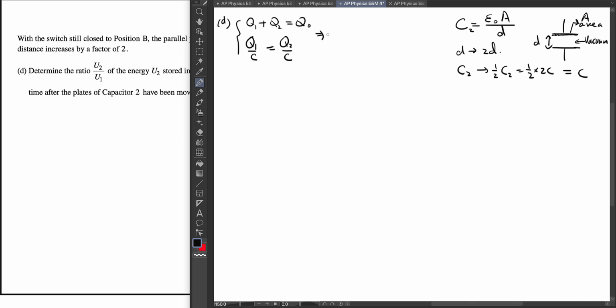So from here, we don't actually need to do calculation. They're symmetric, right? So Q1 equals Q2 equals Q0 over 2. Okay, so now we need to repeat the calculation of the energy. So the energy U1 would be 1/2 Q0 over 2 squared over C, which will be equal to U2. So that's why they are equal.